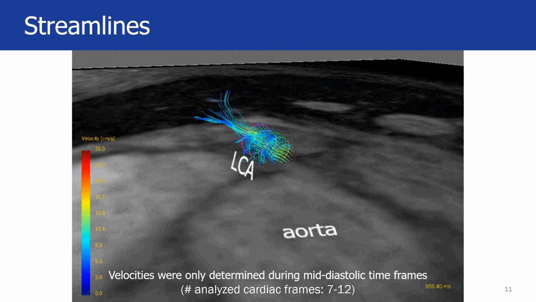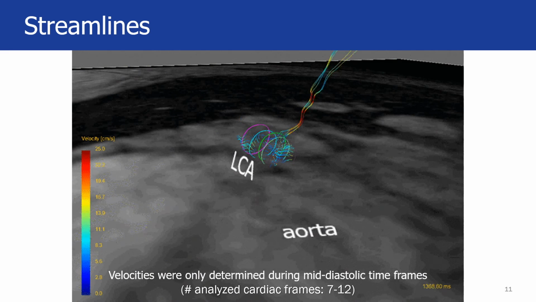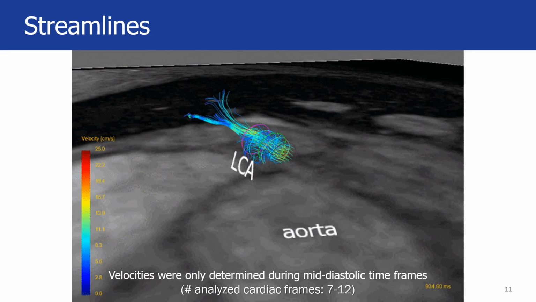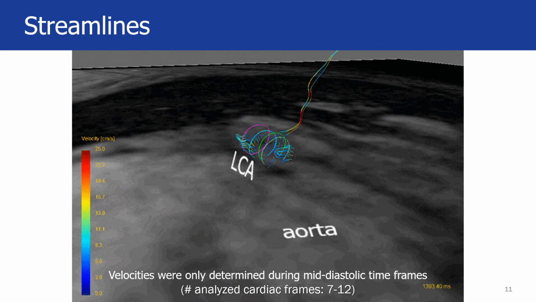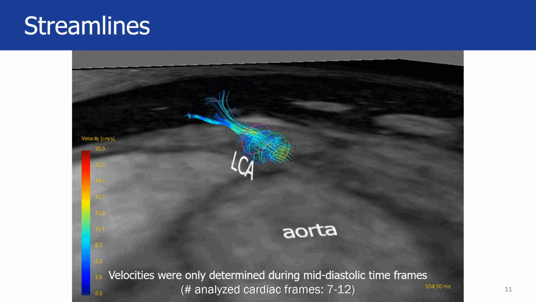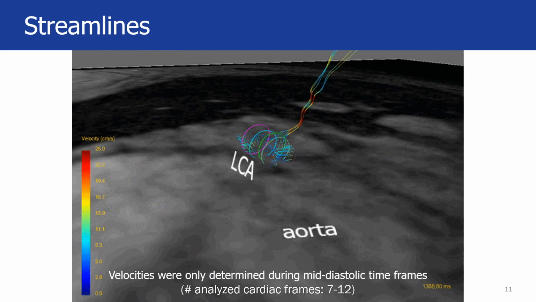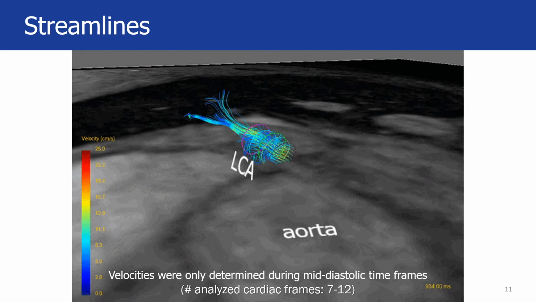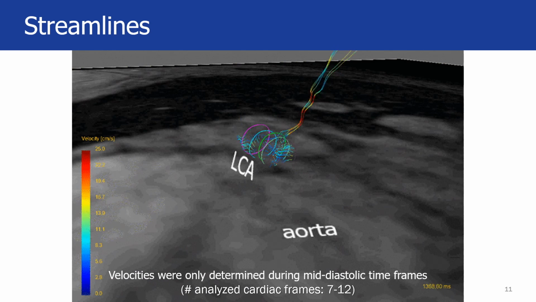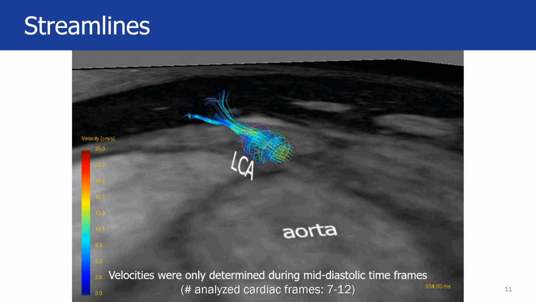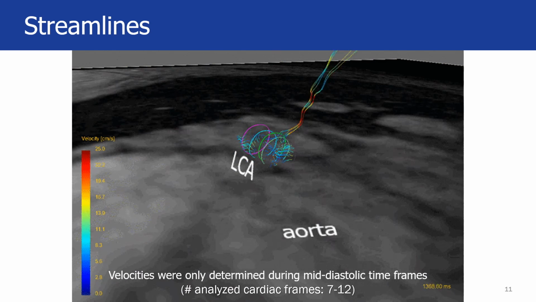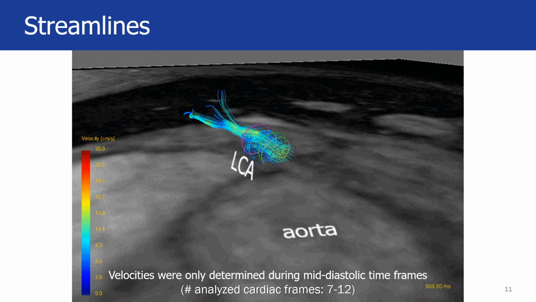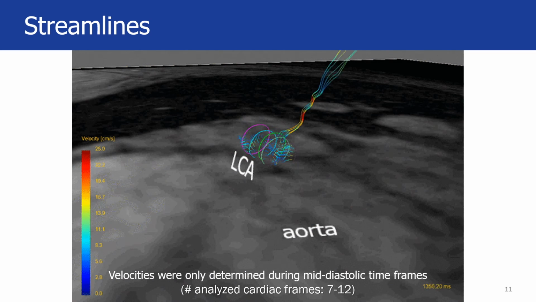Here is an example of streamlines that were reconstructed from the measurements. Now please note that we only measured during mid-diastole, since during systole the contractional motion of the heart corrupted the image quality such that we could not identify the LCA. But diastole is actually the period of interest, since the coronary flow is highest during diastole.